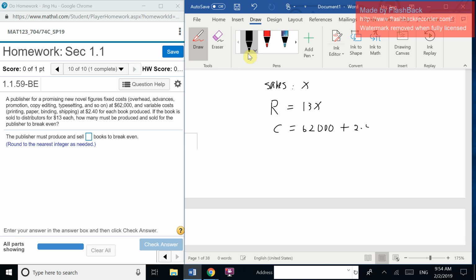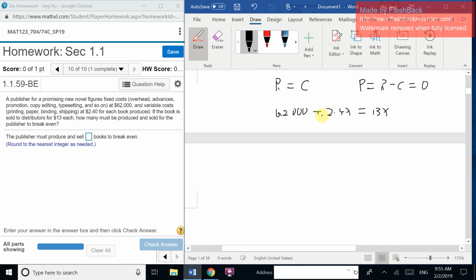The cost has a fixed cost of 62,000 plus each book costs $2.4. So revenue equals cost. The profit is 0. That means break even. Now that means we get the linear equation.